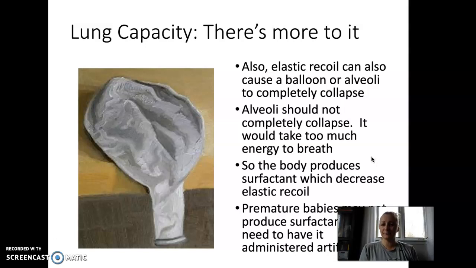Once our lungs open, once they inflate, we don't ever want them to fully collapse again. Within those alveolar sacs, we produce a mucousy liquid called surfactant.